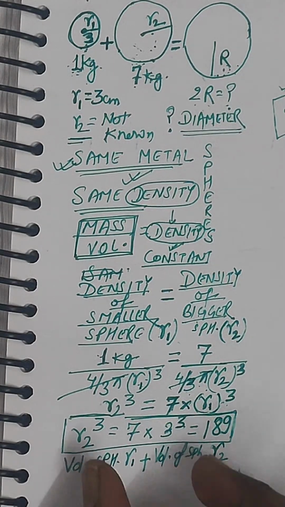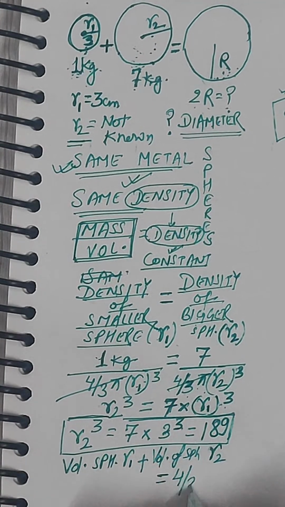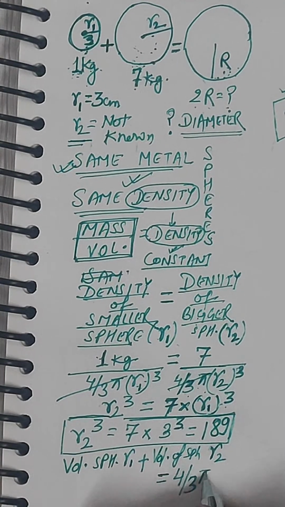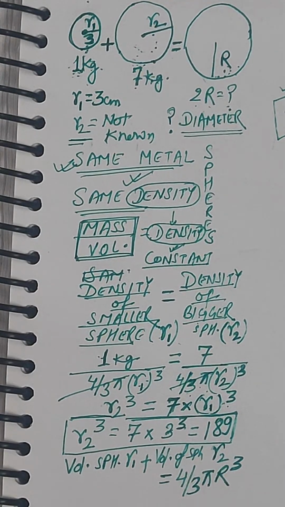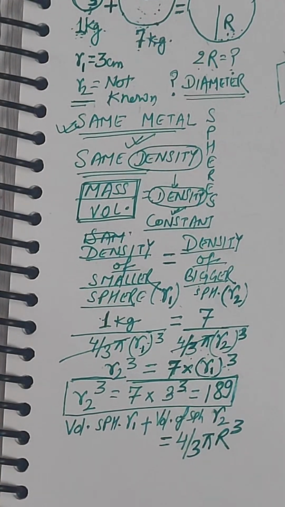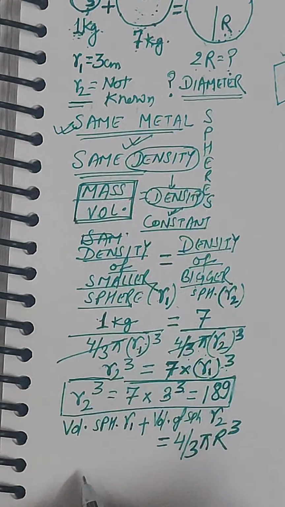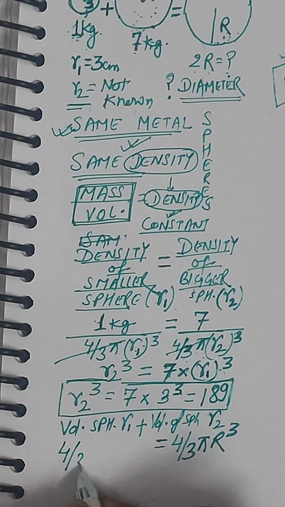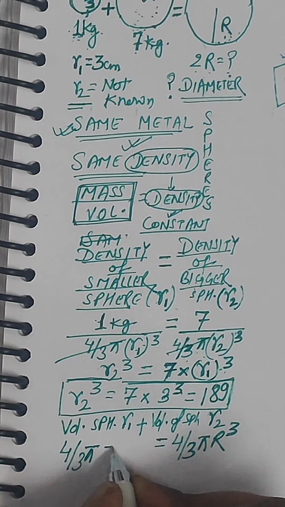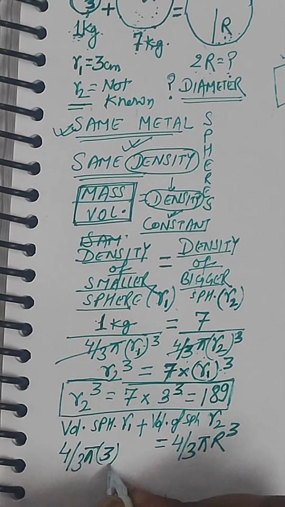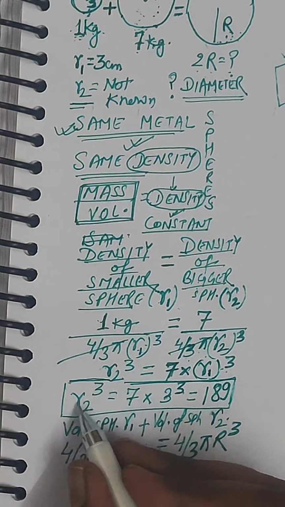Both of these will be added and we will get the volume of the biggest sphere, that is 4/3 π R³. The volume of the sphere with the smaller r1 will be 4/3 π into 3³, plus the volume of the sphere with r2.